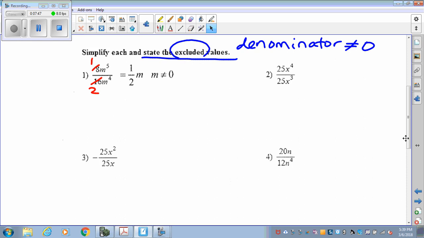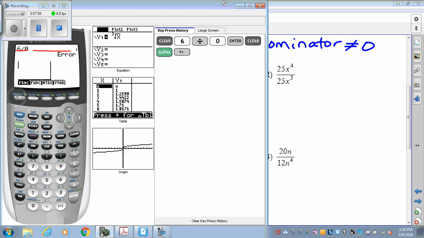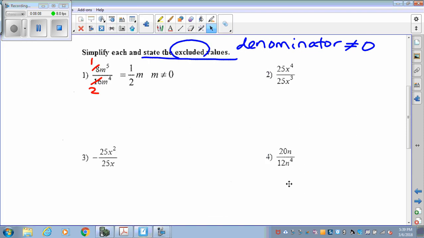I could also do that on my calculator. If I do alpha y equals, and I'm going to have 8 divided by 16, now hit enter. That shows me that that reduces to 1/2, because they both have a greatest common factor of 8.